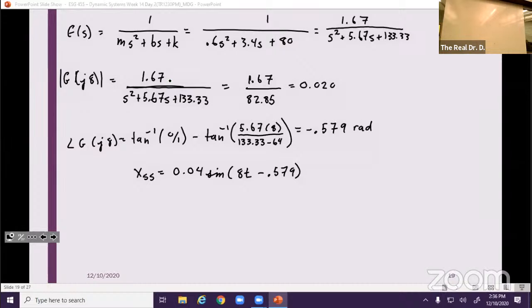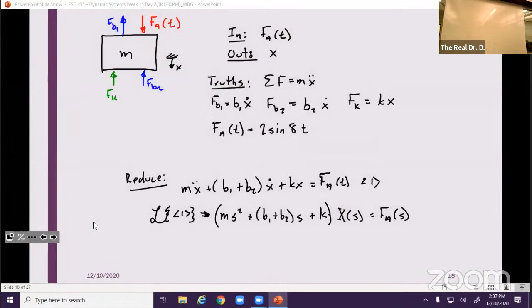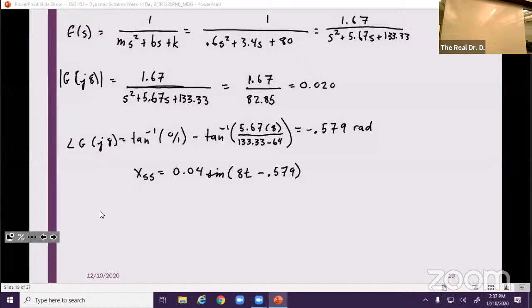Right, and if I move my mouse, the people in the classroom will also be able to see the transfer function, and that will be fine. 1 over ms squared plus bs plus k, right? I just added the b's together. There it is.